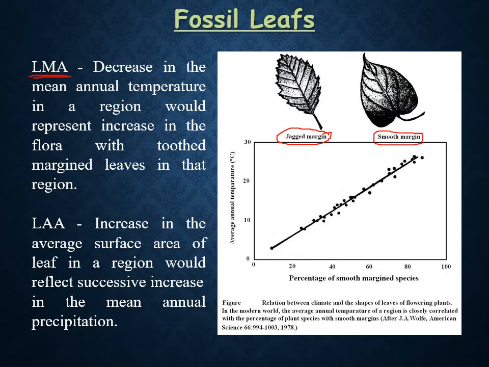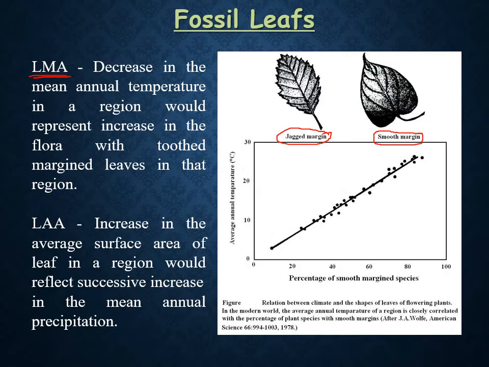So you can see, with increasing average annual temperature, the percentage of smooth margin leaf will increase. So depending on the relative abundance of jagged margin leaf lamina and smooth margin leaf lamina, we can get an idea about the average annual temperature of any area.